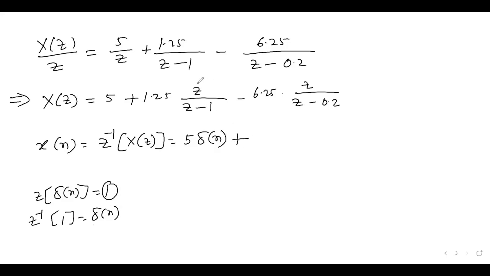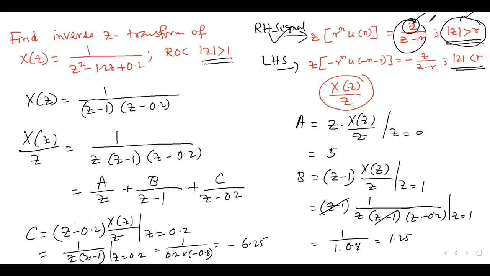So what will be the z transform of this function? This is un. Z transform of un, z inverse is un. And what will be the z transform of this function? 0.2 to the power n un. ঠিক আছে. Put r equal to 1, z by (z minus 1), r to the power n, r equal to 1 means un.